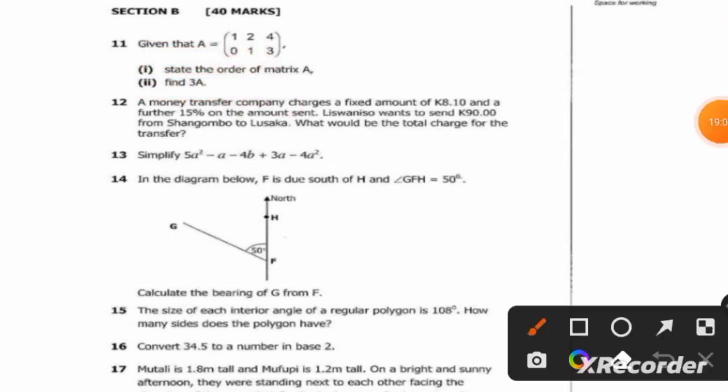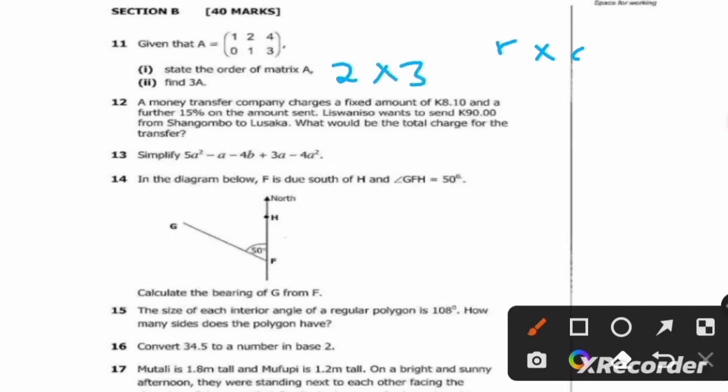So when we are stating the order of a matrix, we consider row by column. So these are rows. Then these are columns. As we can see, we are having 2 rows and 3 columns.